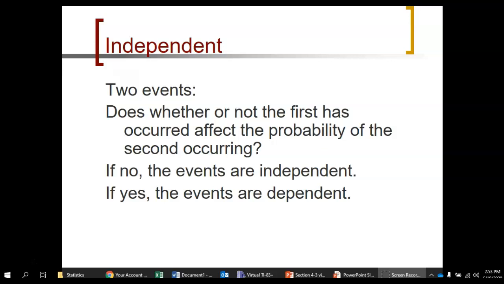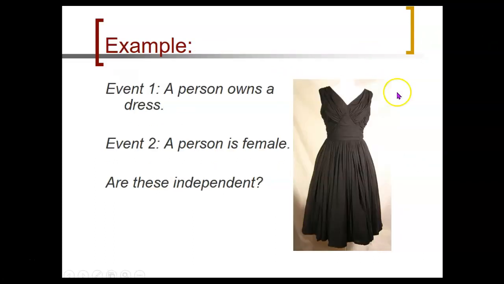Does whether or not the first event has occurred have any effect on the probability, how likely the second is to occur? If the answer to that is no, there is no effect or influence, then the events are independent. If the answer is yes, then they're not independent, they're dependent. So hopefully that'll become clearer when we look at some examples.